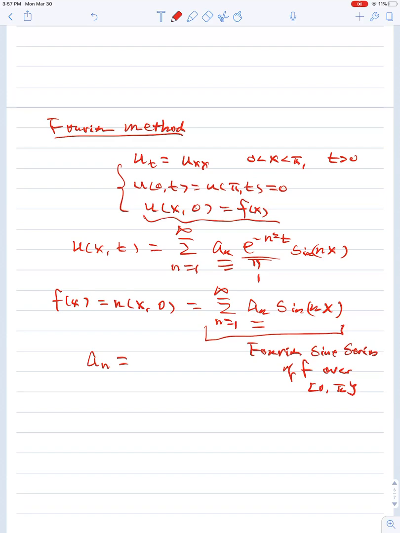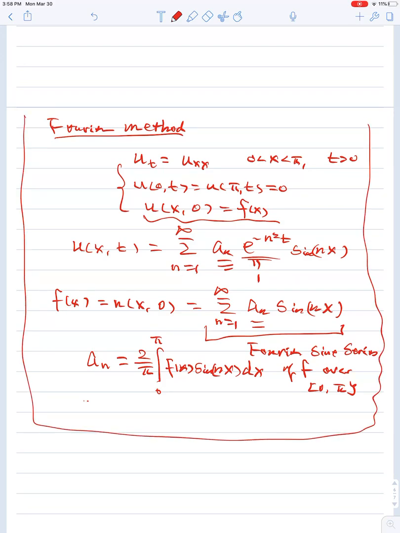And this a_n is given by this formula: 2/pi times the integral from 0 to pi of f(x) sin nx dx. So that is Fourier's method in solving this heat equation.